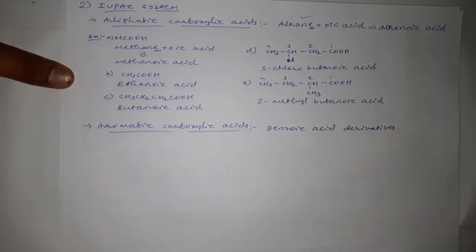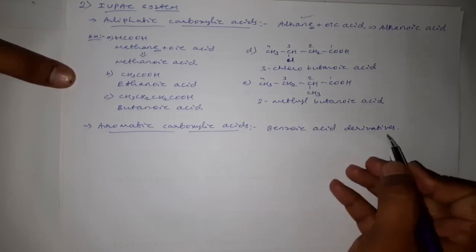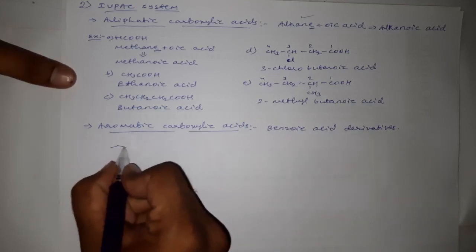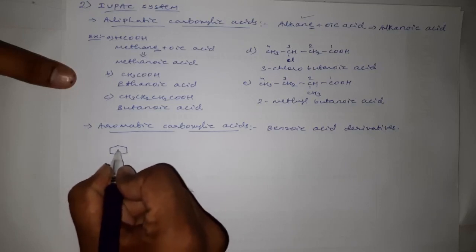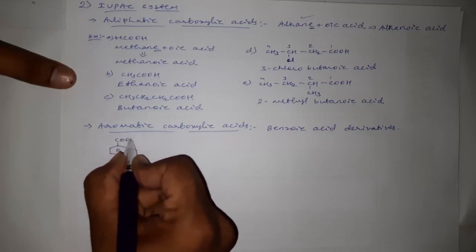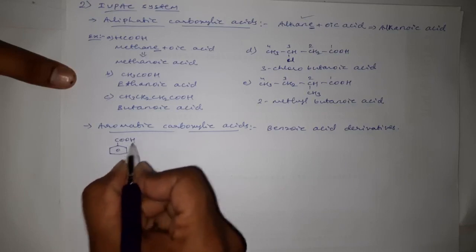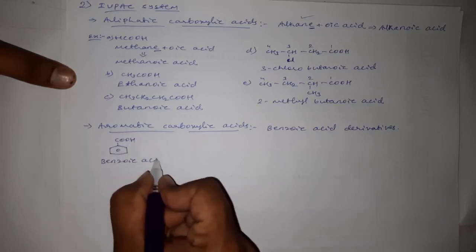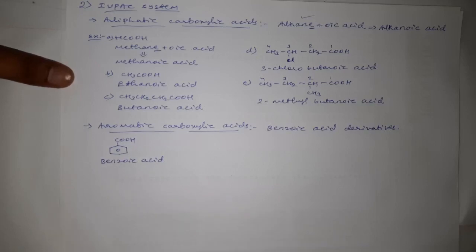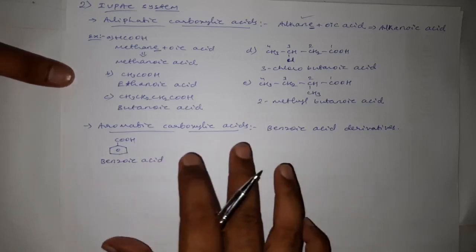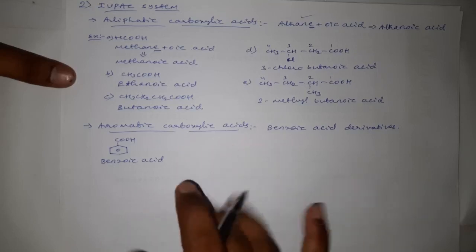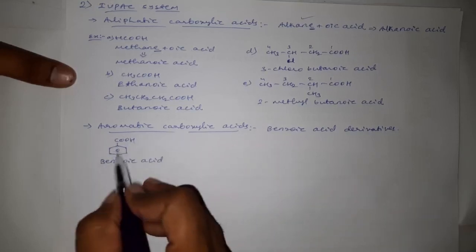The aromatic carboxylic acids are usually referred to as benzoic acid derivatives, and the important aromatic carboxylic acid is this one, C6H5COOH, and its IUPAC name is benzoic acid. And the remaining aromatic carboxylic acids are all considered derivatives of benzoic acid.